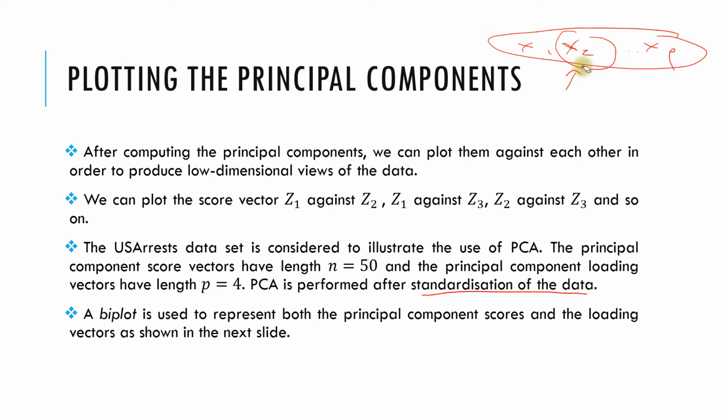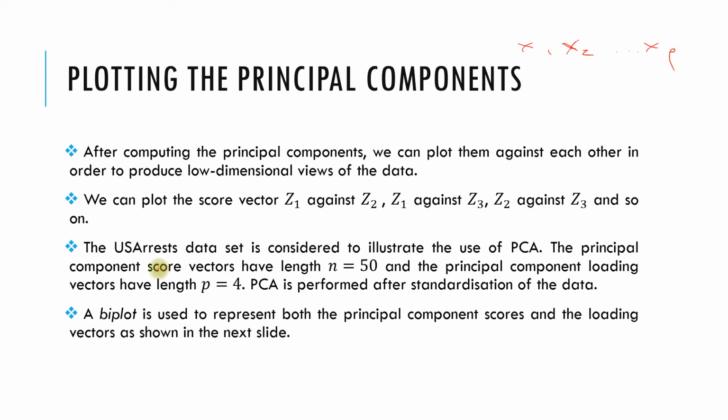This is why you do scaling. Not only do you remove the mean, but you also reduce the variance, so that a variable will not drive the analysis by automatically getting a high loading.